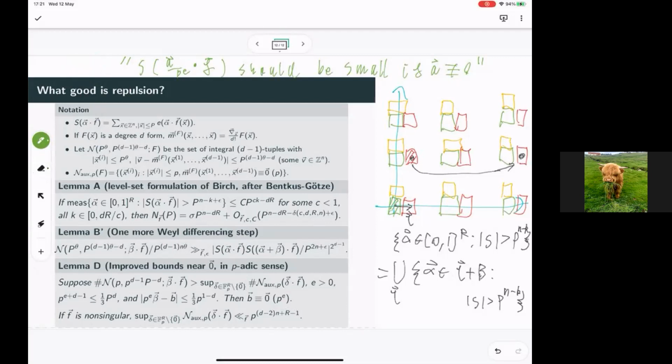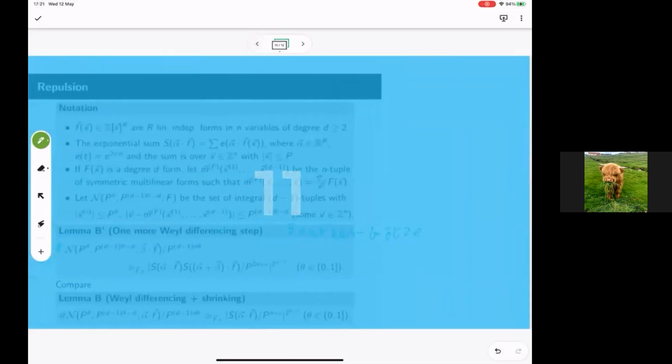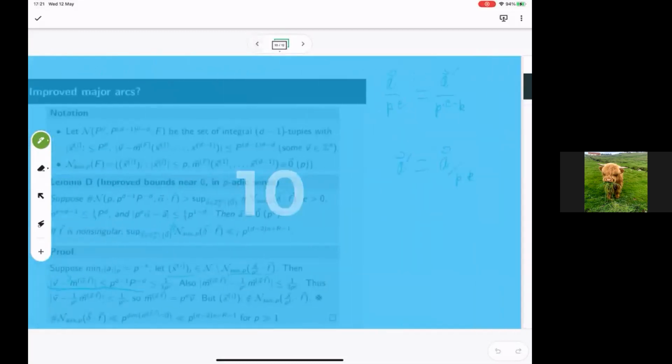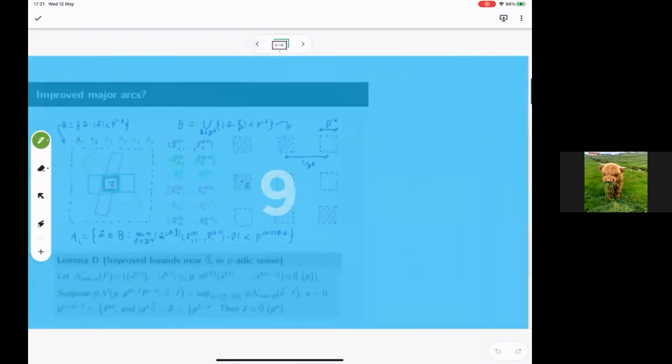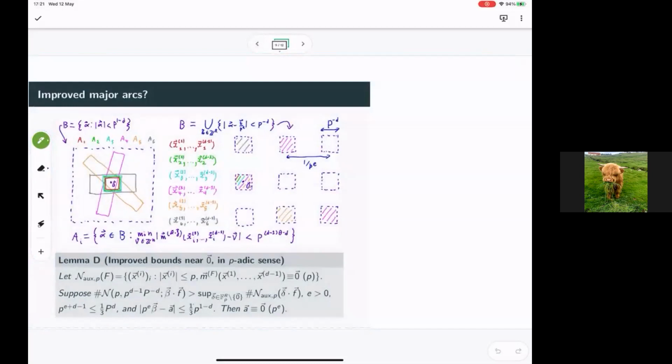So I think a good thing to do in the last part of today's talk would be to talk briefly about how this relates to real repulsion and to the work of Behnken and Goetze. So for that, let me go back to here.